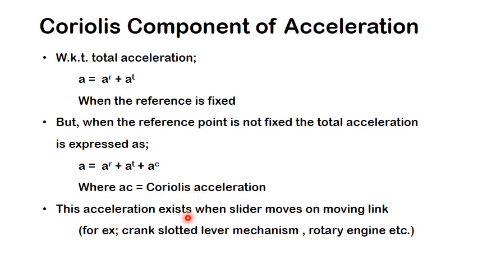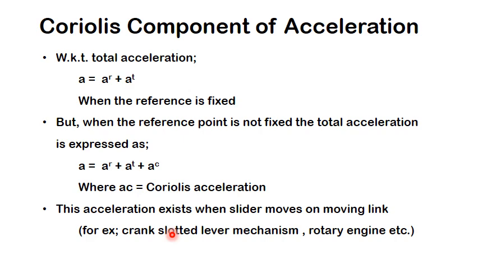And Coriolis acceleration component exists when a slider moves along a moving link in mechanisms. For example, you can consider the crank and slotted lever mechanism or a rotary engine. Here the slider and link, the other link pair, will not be fixed, so they will be moving with respect to each other.